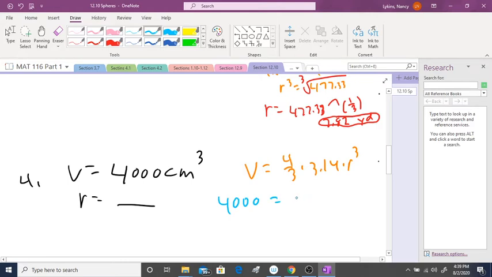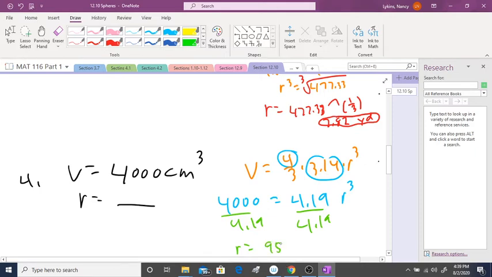And we already know that 4 times 3.14 divided by 3 is 4.19. Divide it. R cubed equals 954.65.